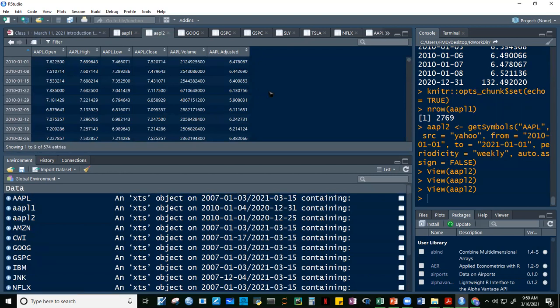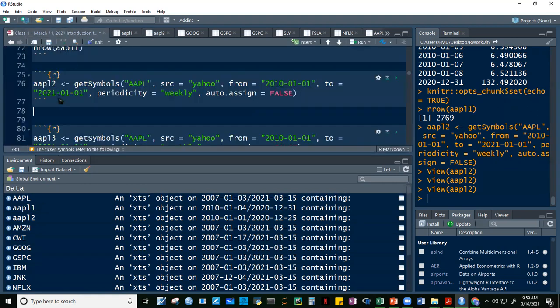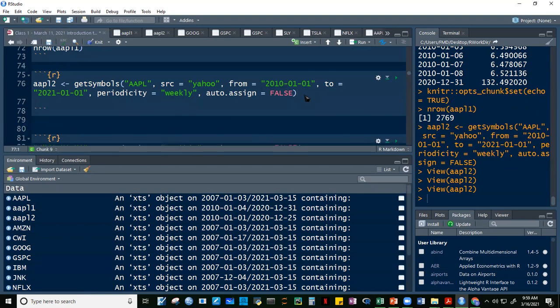Okay, guys, clear? Yes, sir. Okay, so lagyan natin dito, note dito ah. Weekly siya, gets the end of the week prices. Bakit sinabi ko end of the week?